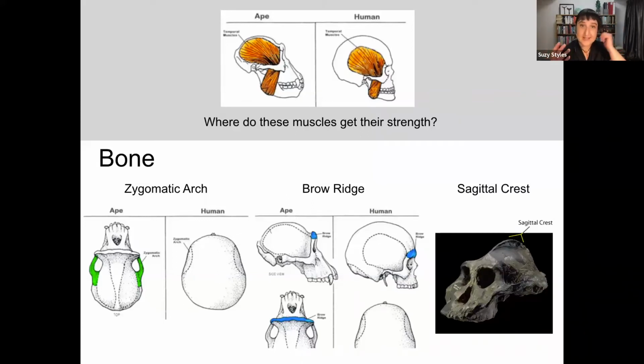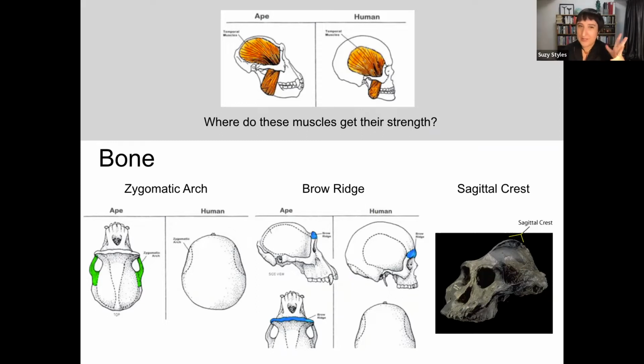So once again, this is another source of evidence that the shape and structure of the skull is telling us something about the loads that are being carried by the musculature of the jaw. A feature that isn't evident on the human skull that also contributes to this story is known as the sagittal crest.